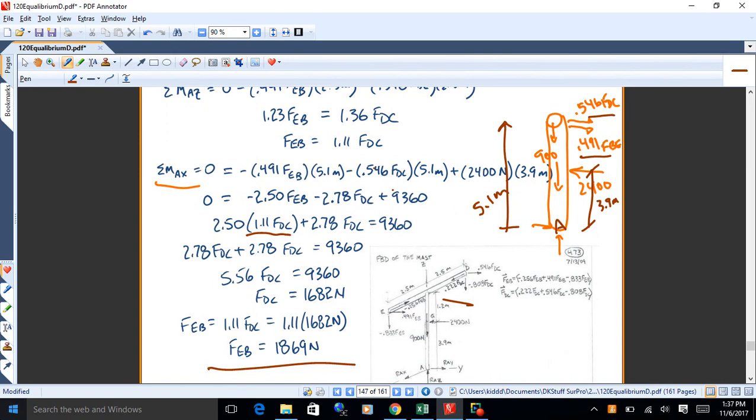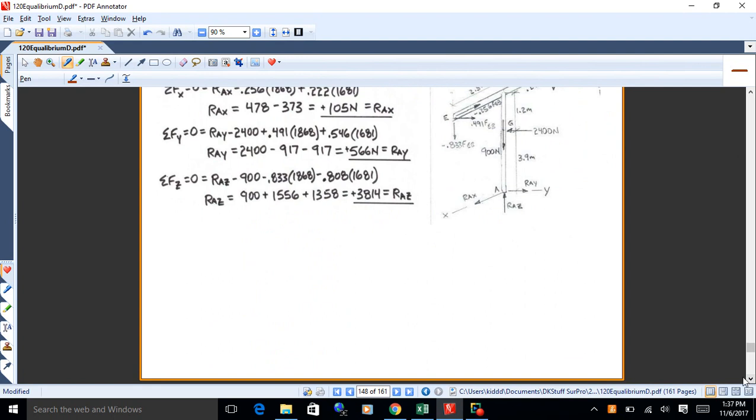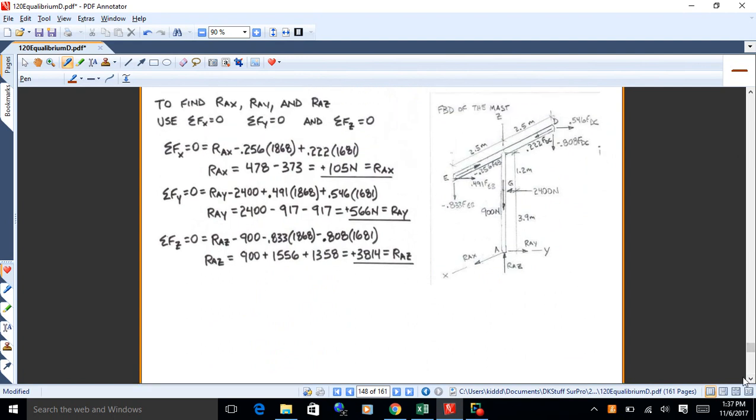We good with that? All right, so that's just sum of Fx, sum of Fy, sum of Fz to solve for RAX, RAY, and RAZ. So those are the reactions down at the bottom of the mast.